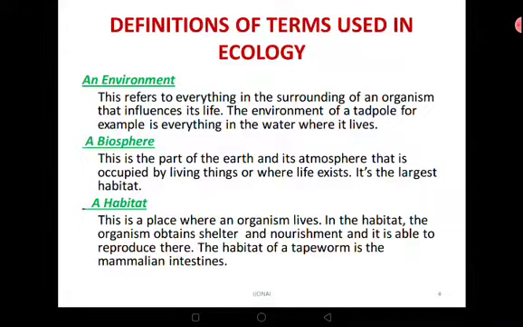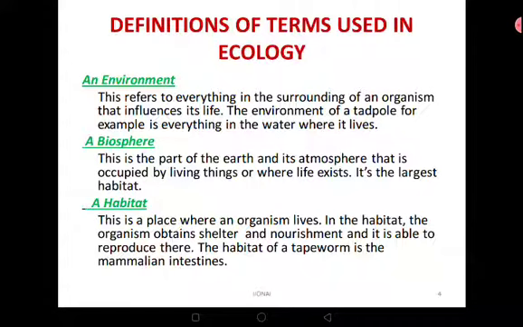So we are going to define the key terms that are used in ecology. There are a number of terms that we are going to define, so that as we continue with the topic, you will be able to understand these terms in case we use them. To begin with, we have an environment.